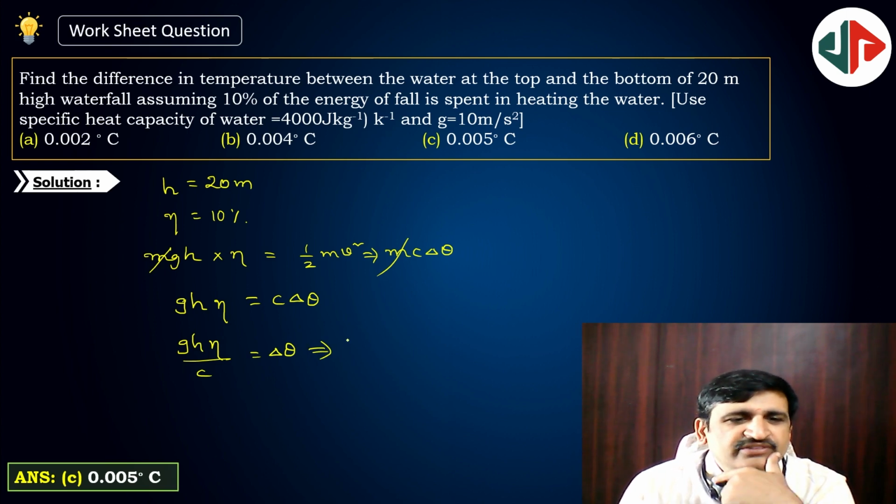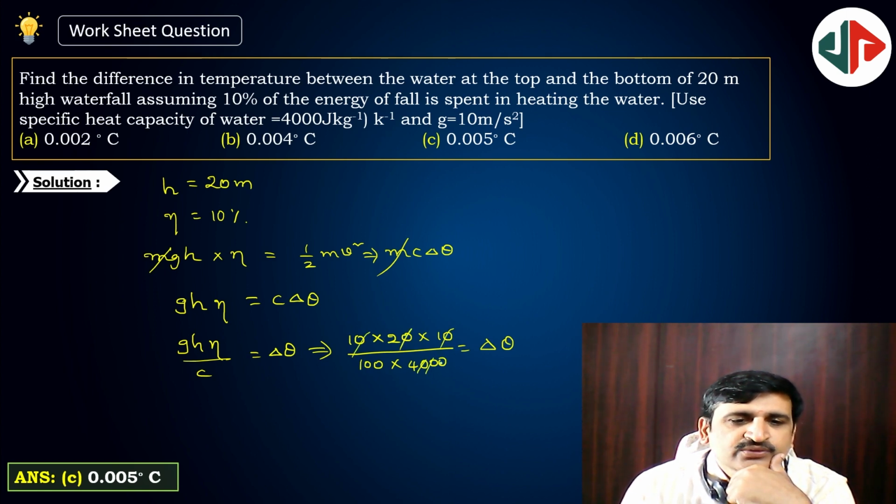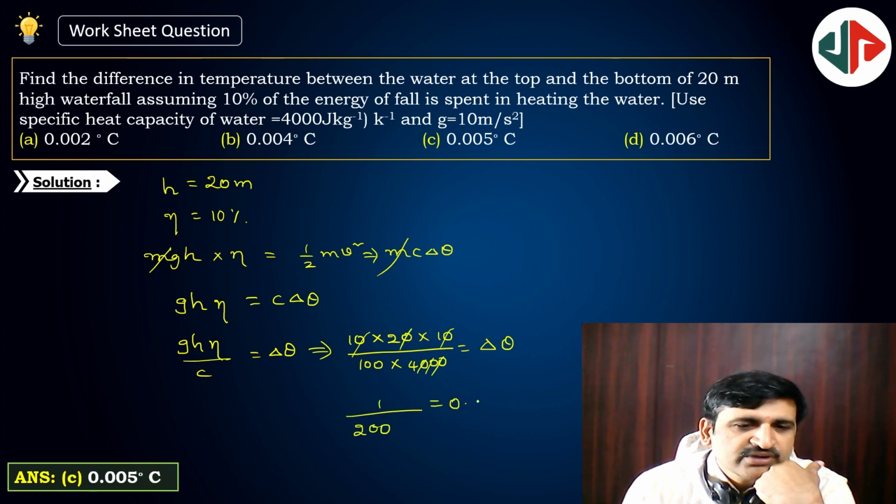G value 10, h value 20, and eta value 10 by 100, into c value 4000. Three zeros, three zeros will go. So it is 1 by 200, which means 0.005. This is delta theta. So yes, the answer is correct.